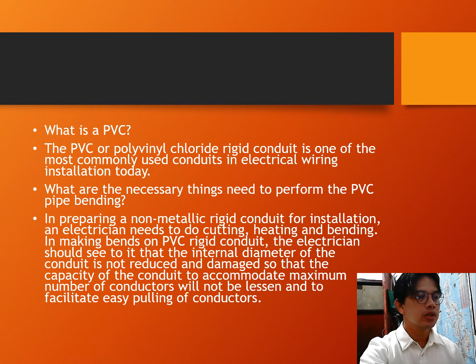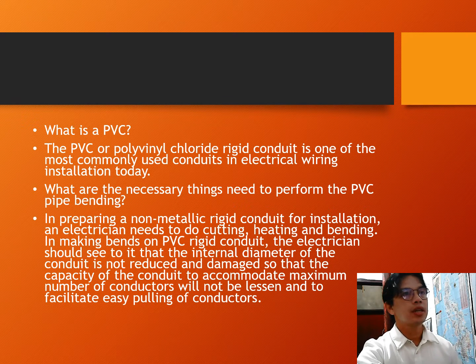The electrician should see to it that the internal diameter of the conduit is not reduced or damaged, so that the capacity of the conduit to accommodate the maximum number of conductors will not be lessened and to facilitate easy pulling of conductors.